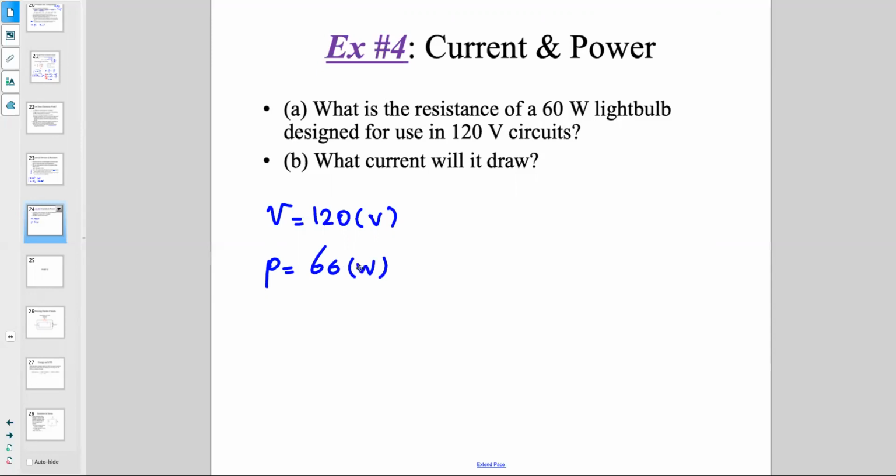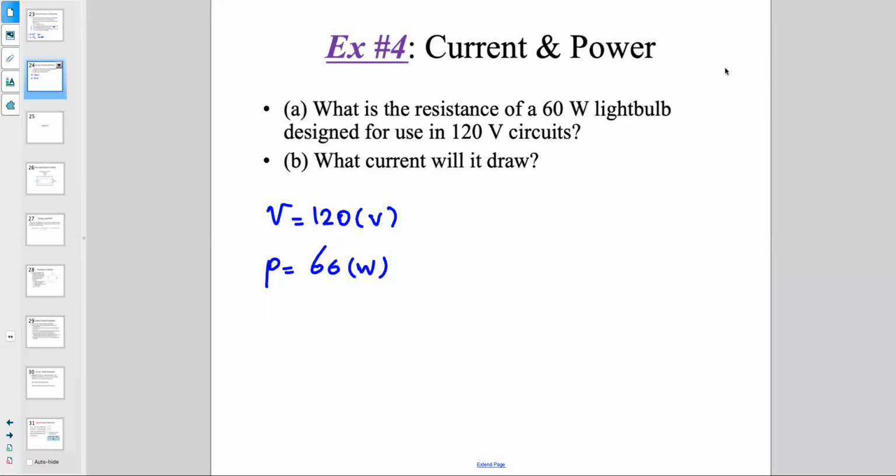In other words, this is changing 60 joules of energy per second for us. So we have both of these values, and we're looking to find the resistance, R, as well as the current.